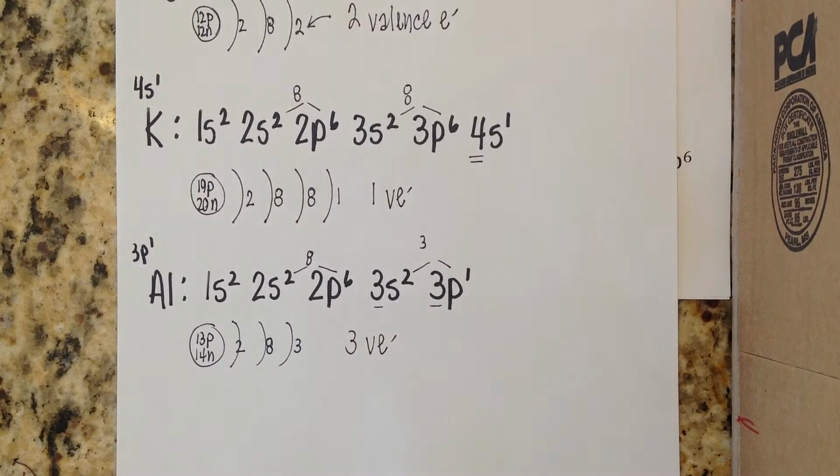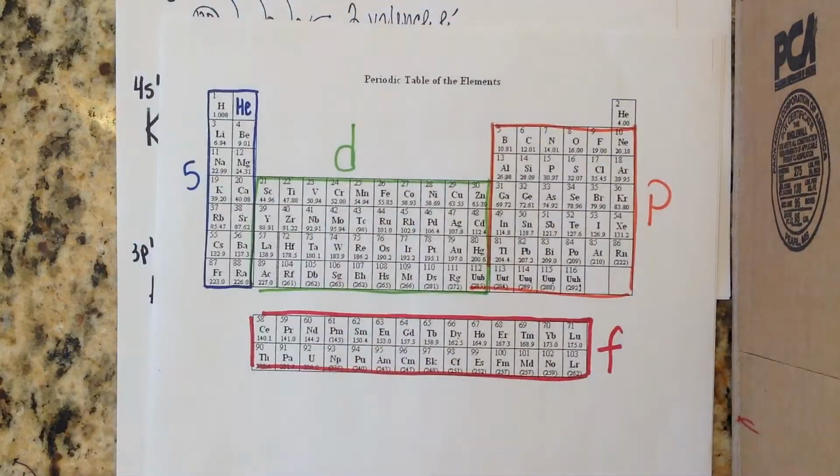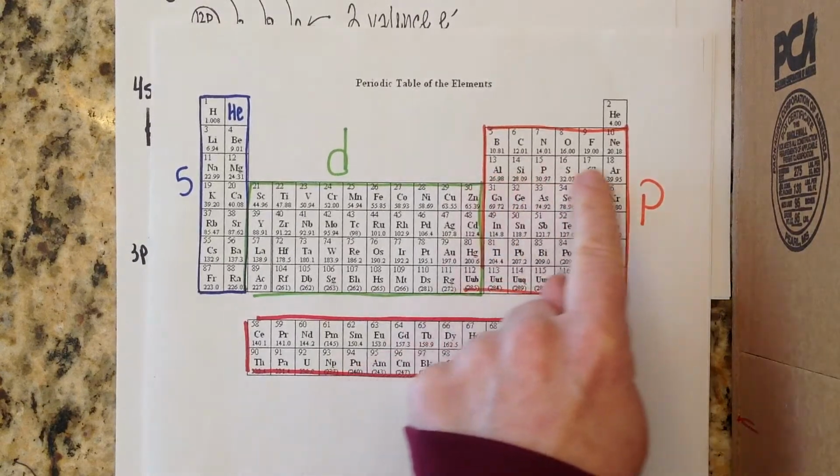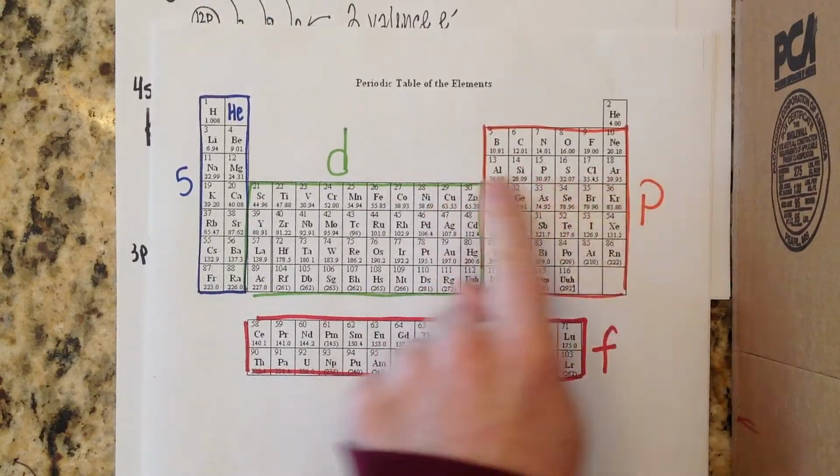So hopefully, now that you've seen a few examples, you can see what we're simply doing is we're breaking the directions up into chunks. You're doing it by row block, row block, row block, always going to the maximum number of electrons. That's 2 for S, 6 for P, 10 if we're dealing with D, except for that very last one, because the very last one could fall anywhere within a block.